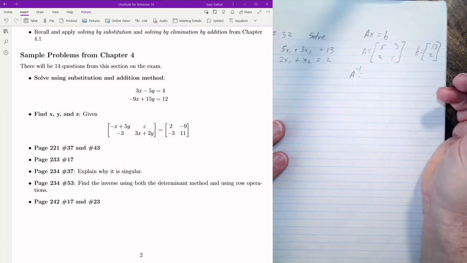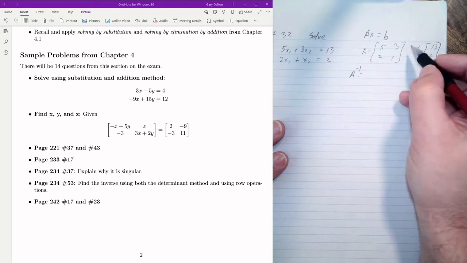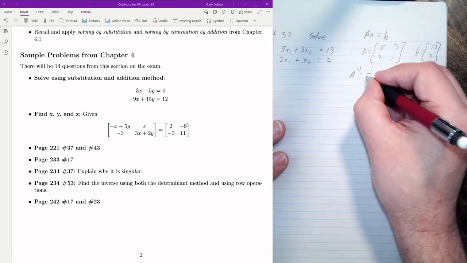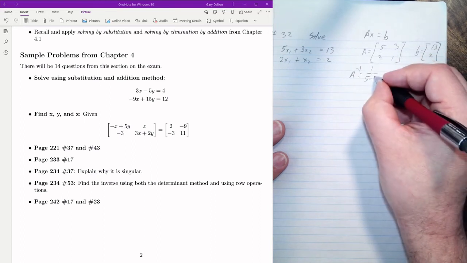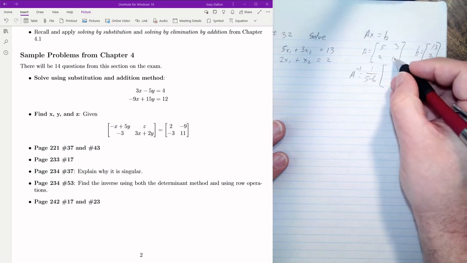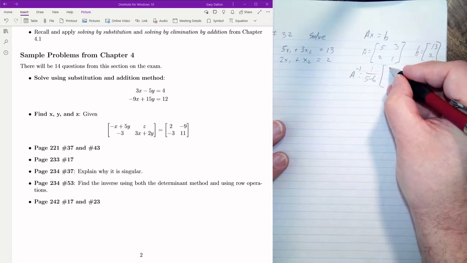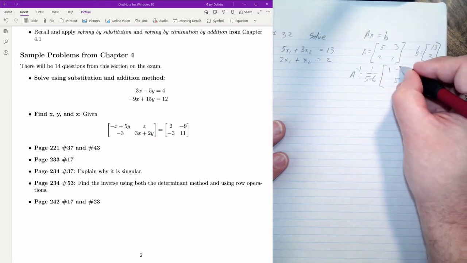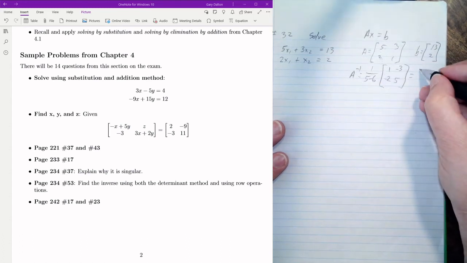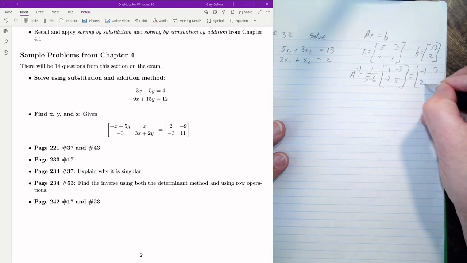That equals 1 divided by the determinant using Cramer's rule. So 1 over 5 minus 2 times 3 is 6, so it's a minus 1, times, switch these, 1, 5 minus 3 minus 2, which equals minus 1, 3, 2, minus 5.